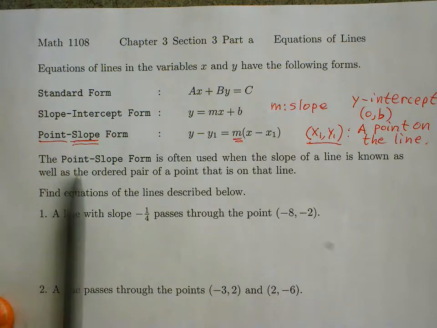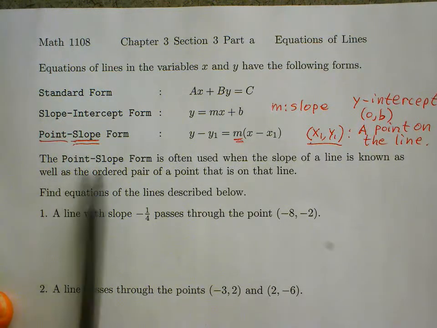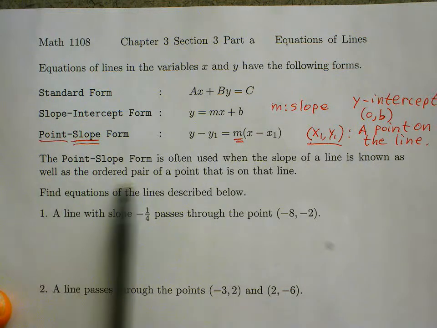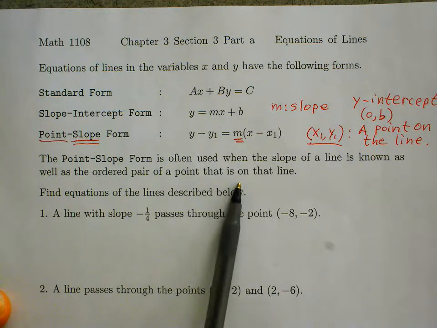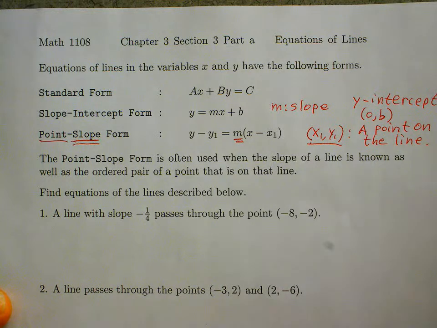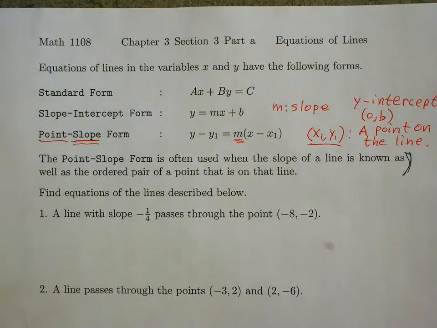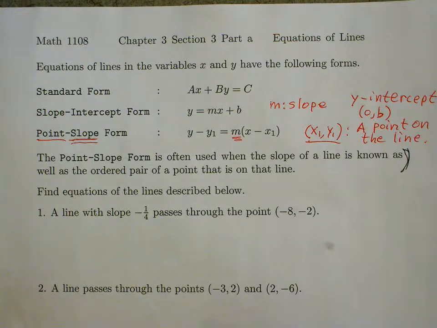Okay, let's read this sentence first. The point-slope form is often used when the slope of a line is known, as well as the ordered pair of a point that is on that line. So that's just repeating what I said earlier. Okay, let's find equations of the lines described below.